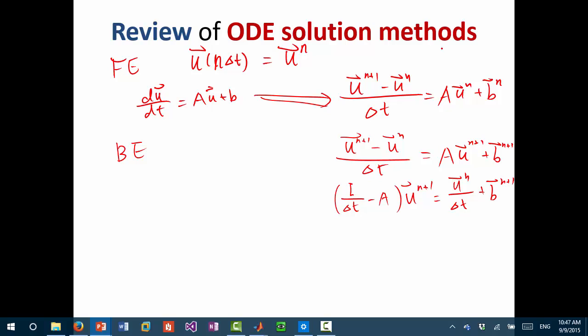These ODE solution methods are also approximations for time derivatives, and there is also an order of accuracy with respect to time. So they are both first order accurate, which means the solution error you get, even though they are stable, shrinks only by a factor of 2 if you make delta t shrink by a factor of 2.